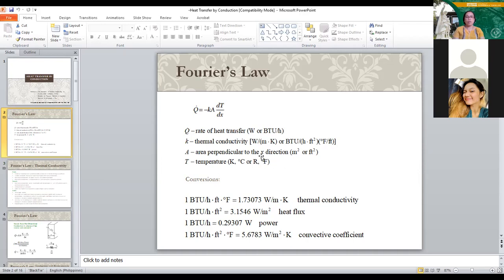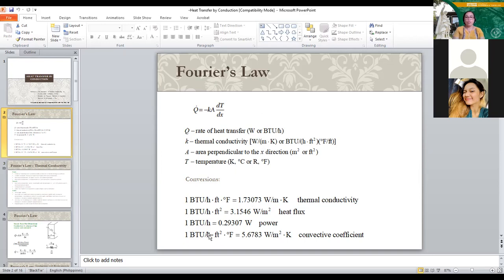As for the X squared, which is the area of the heat transfer perpendicular to the direction of flow, which is in meters squared or feet squared. And your temperature, of course, since it's in absolute values, it should be in Kelvin or it should be in Rankine in English, Kelvin for SI.